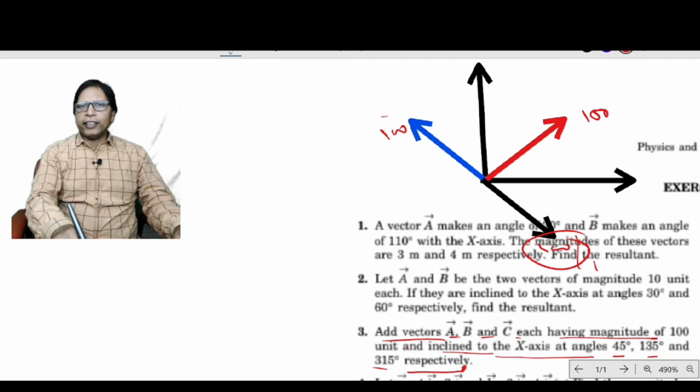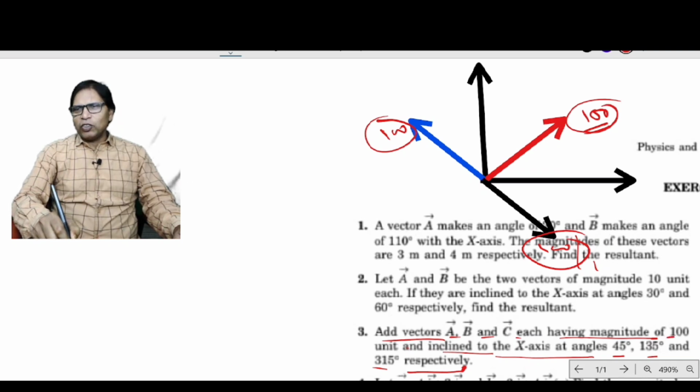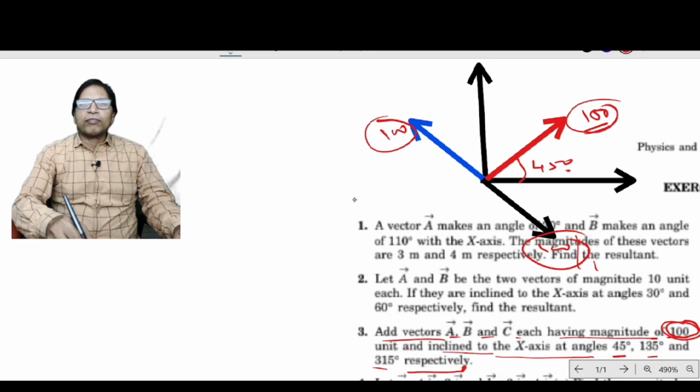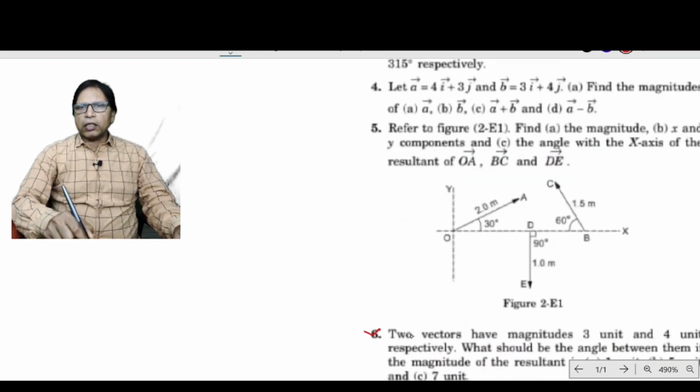So this and this cancel out. Only this is the resultant. So the resultant is 100 units at an angle of 45 degree with the x-axis. Okay, understood? Next.